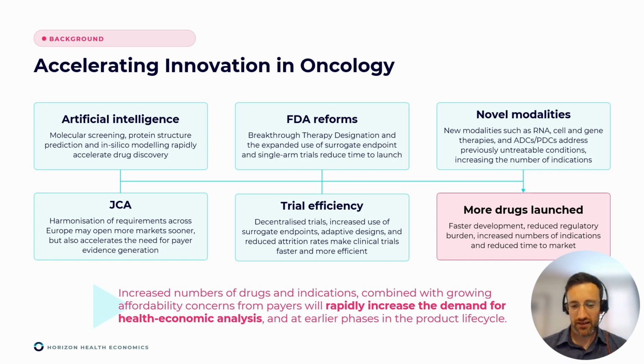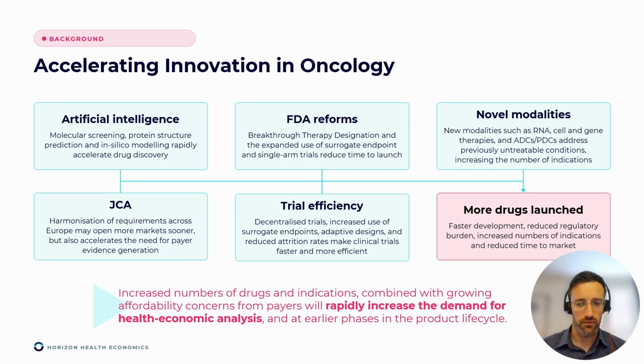FDA reforms, trial efficiency. There's a lot going on in that space, particularly just over the last 6 months. We've seen some really big changes, particularly at the FDA, where now we only need one pivotal trial to achieve approval rather than the previous two.